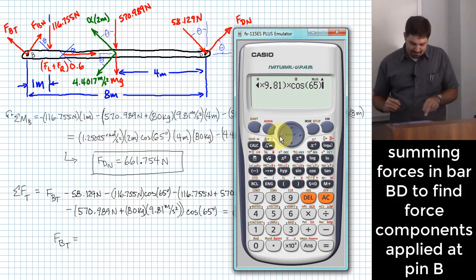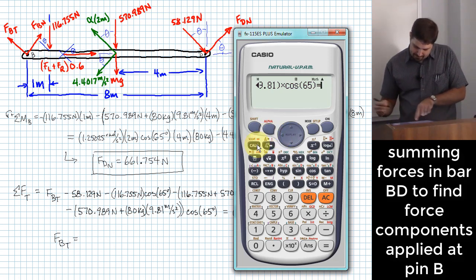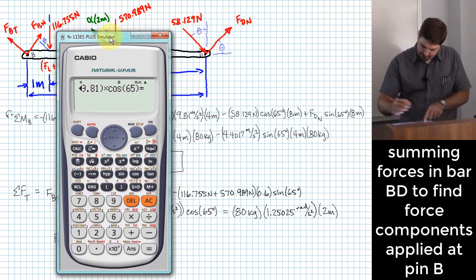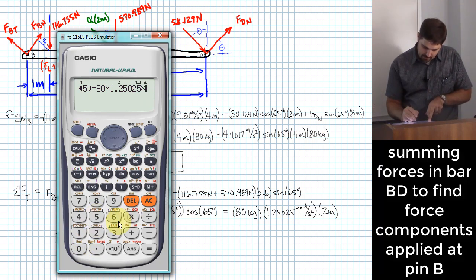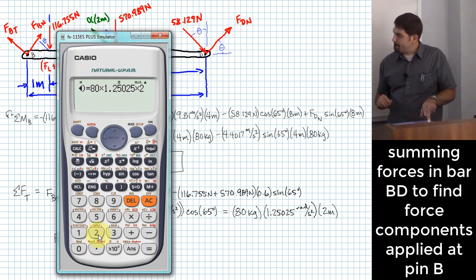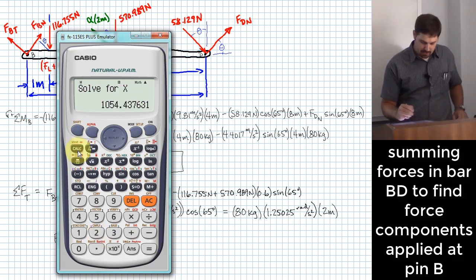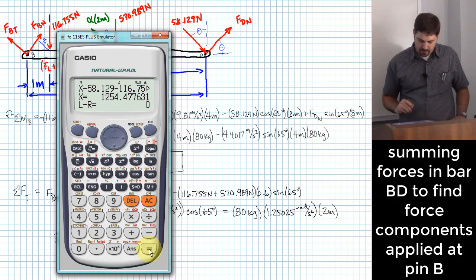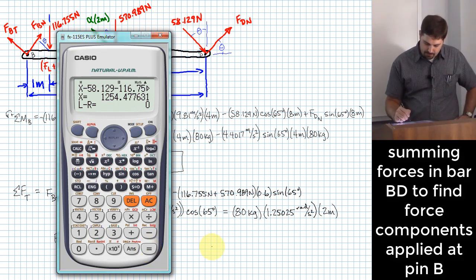Keep adding to this. Is equal to 80 times 1.25025 times 2. Now I can do this. All right, 1254.48.